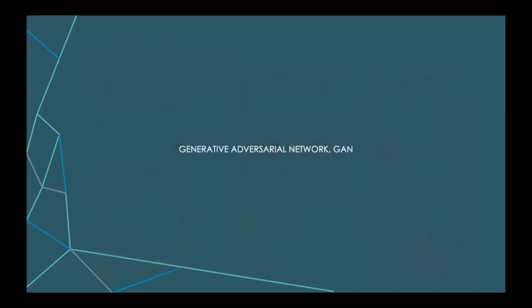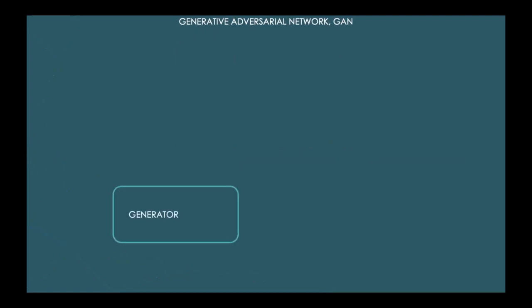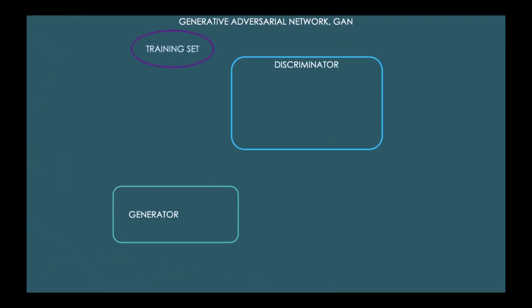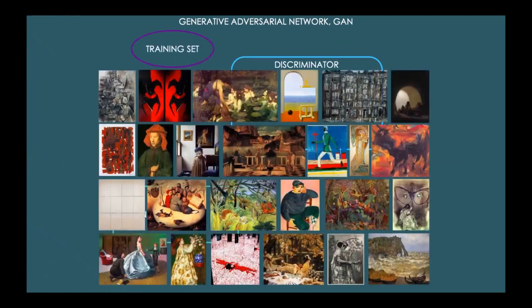So in order to evaluate whether I'm going to be able to apply the model of Darwinian creativity, let's have a look at how generative adversarial networks work. Generative adversarial networks are comprised of two systems. We have the generator and the discriminator. The discriminator is trained on a set of training images.